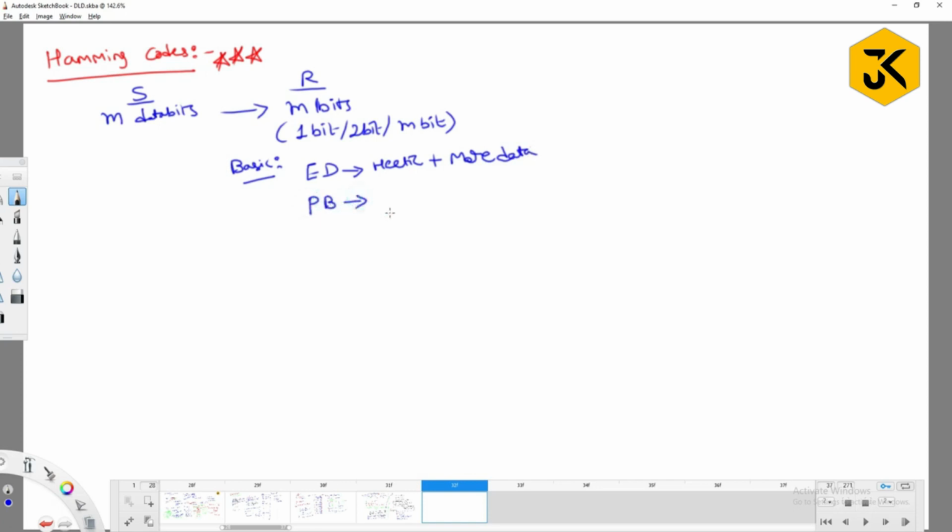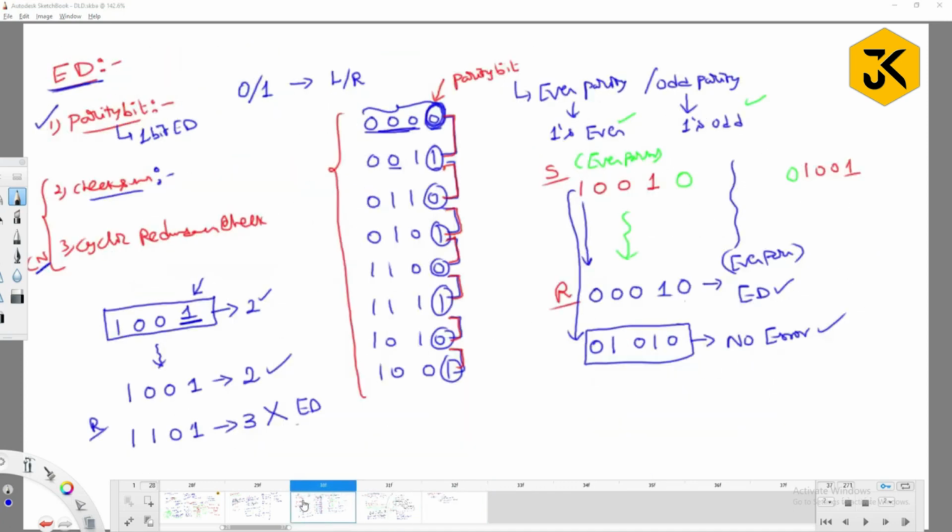In parity bits, the problem is if more than one bit is changed, or an even number of bits are changed, then this procedure won't work for you, right? Observe this one, as this bit is changed and this bit is also changed, it says there is no error, but actually there is an error.